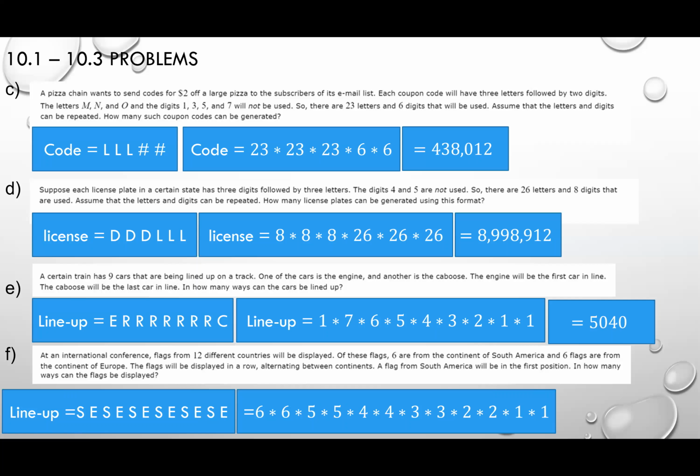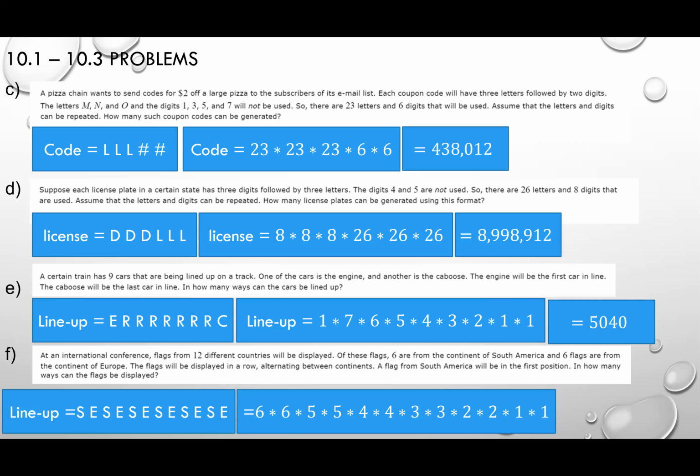And that's the difference between the previous E and F versus C and D. In C and D we can reuse the item as we like. But in D, E, and F, once you use it, it is gone. We cannot reuse it again. We cannot say 6 times 6 times 6 times 6 times 6 times 6, 12 times. Everybody see the difference between why we cannot reuse it versus we can?